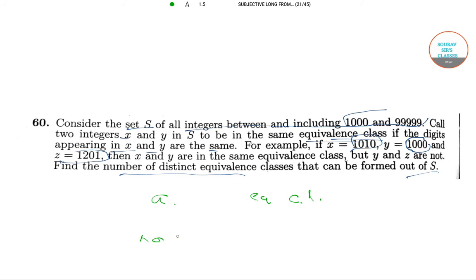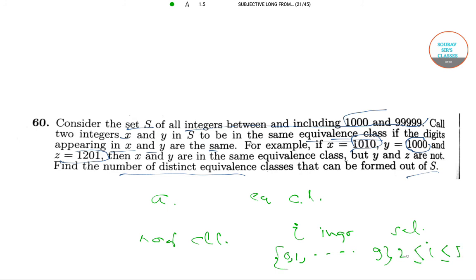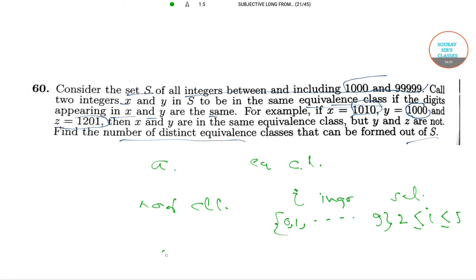Hence, the number of equivalence classes is given by the number of ways in which i integers can be selected from the group 0, 1, 2 till 9 for i less than or equal to 5 and greater than or equal to 2, and for i equals to 1 it has to be selected from 1 till 9.